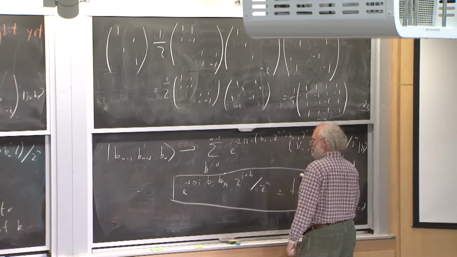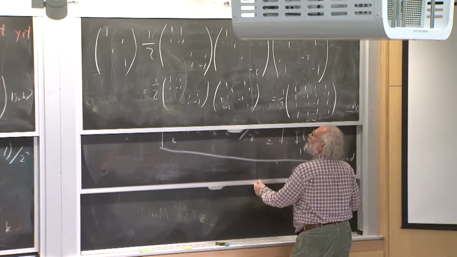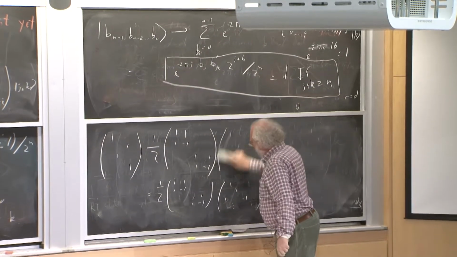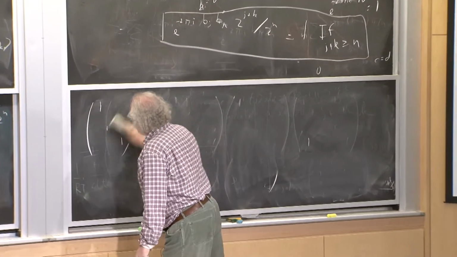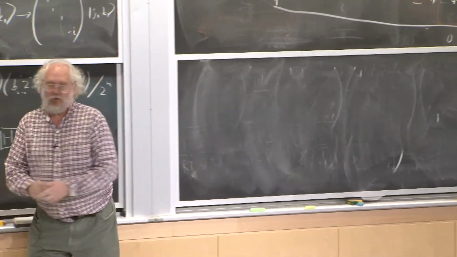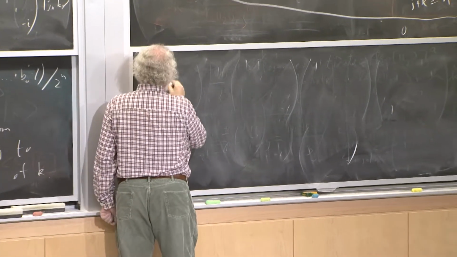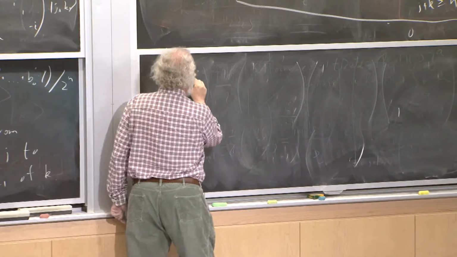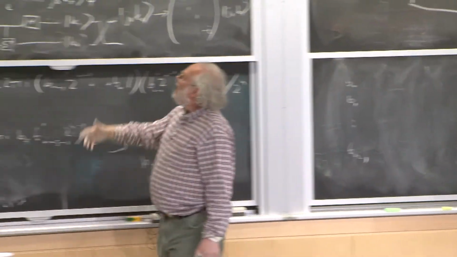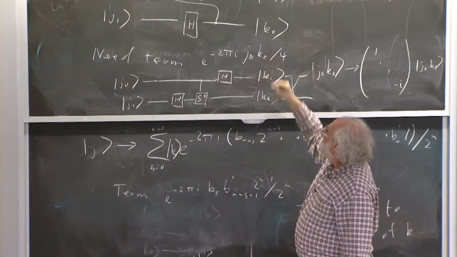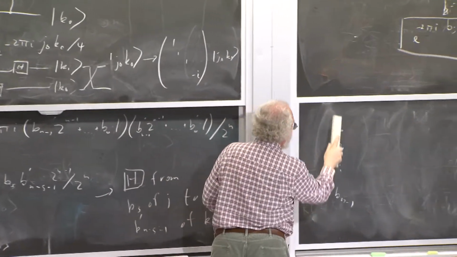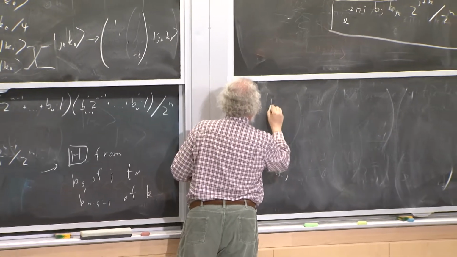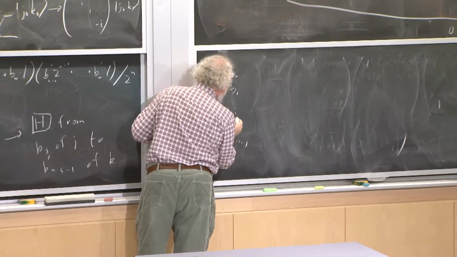So let's put that over here. So we start with b0, b1 through b n minus 1, and we need to Hadamard them all. And last time, actually, I called them j0 through j n minus 1. Okay, I'm switching notation here.